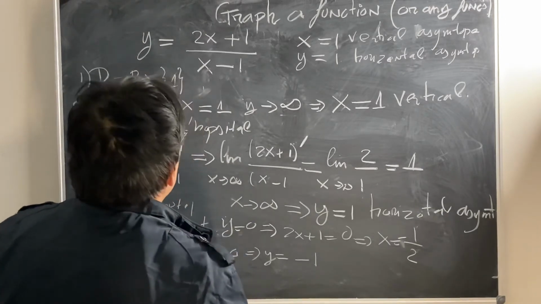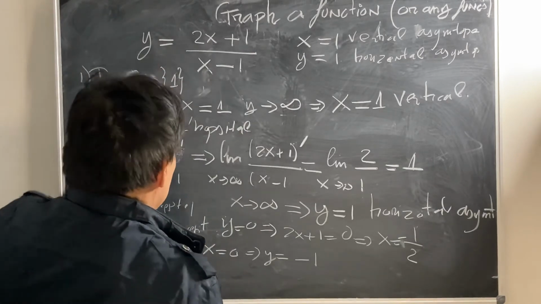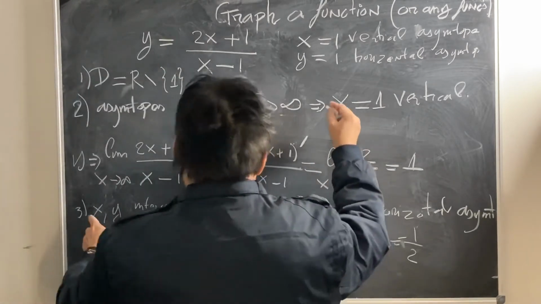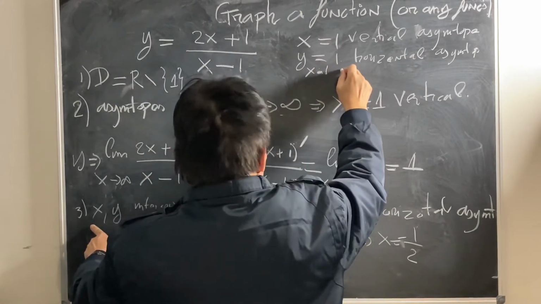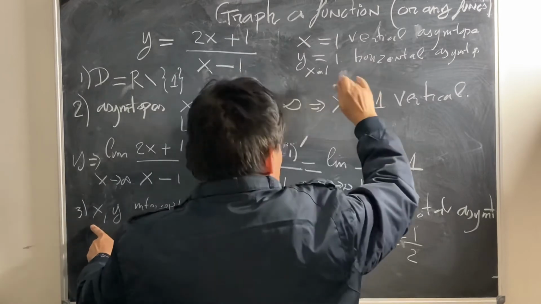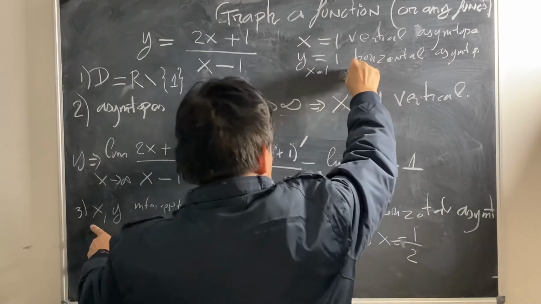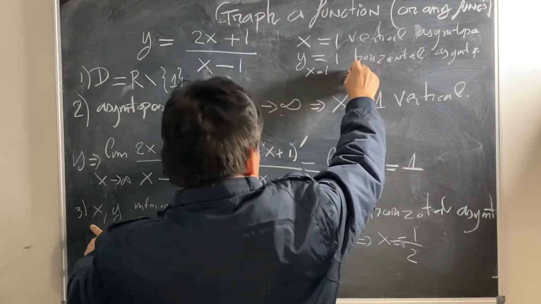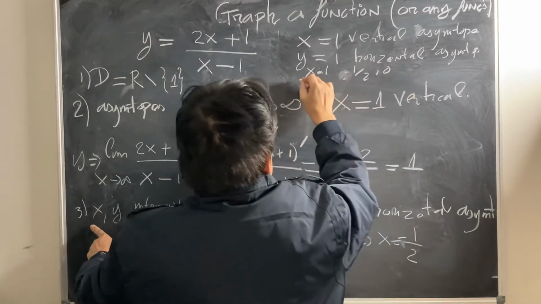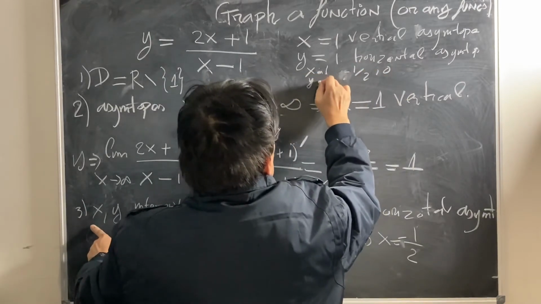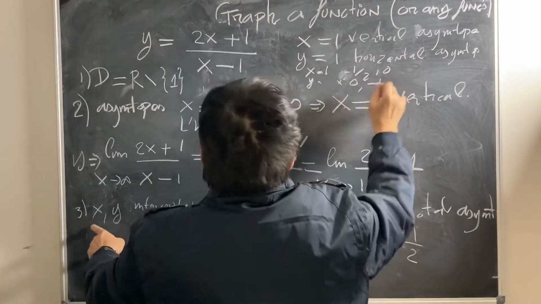Okay, so now we need to find the local max and local min. You have to take the derivative of this. Let me draw it first. The x-intercept is at negative 1/2 and 0, and the y-intercept is at x equals 0 and y equals minus 1.